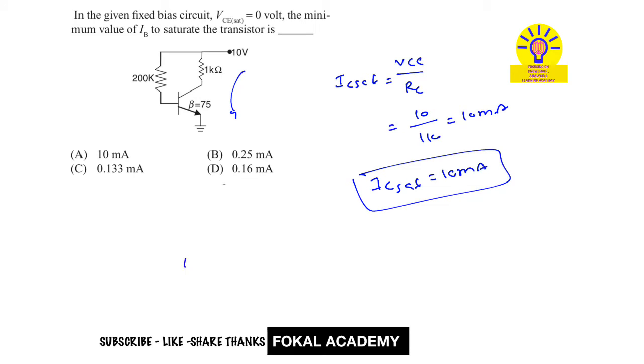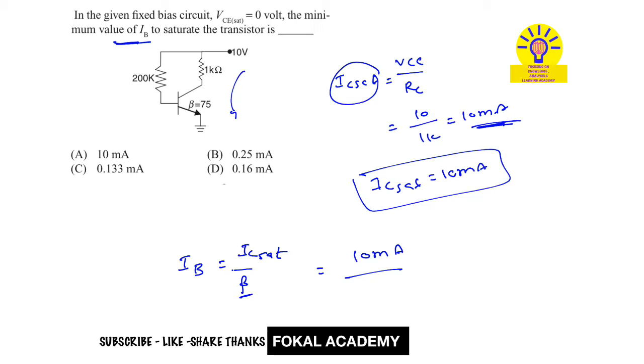We know that base current IB equals IC by beta. We want the base current value at saturation, so IC saturation is 10 milliamperes divided by beta, which is given as 75. By using calculator we will get 0.133 milliamperes. So from the options, option C is the correct option for the given problem.